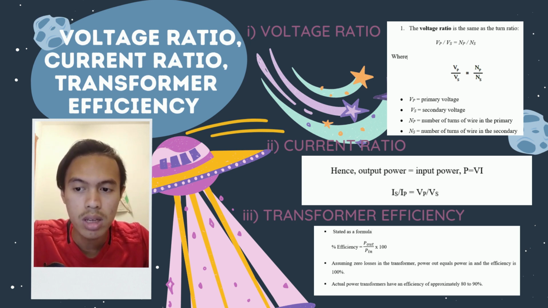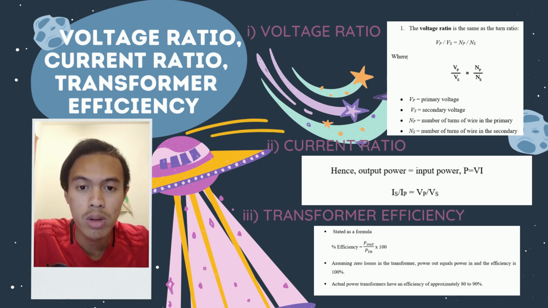By substituting into the above equation, we can find that the voltage ratio is equal to the turn ratio. So we can use this formula, that is voltage primary over voltage secondary equals number of turns of wire in the primary over the number of turns of wire in the secondary, to find the voltage ratio.